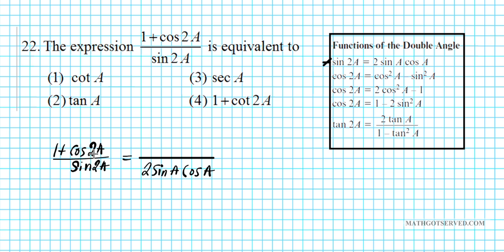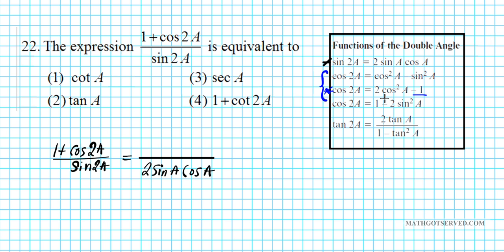Now for the 1 plus cosine 2a, we can just focus in on the double angle parts. So cosine 2a, we have three options here that we can use. So I'll select the second option, because if I select the second option, 1 will cancel with this 1. This negative 1 here will cancel with that 1.